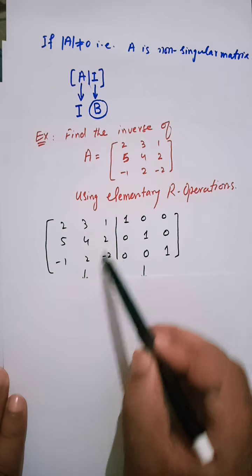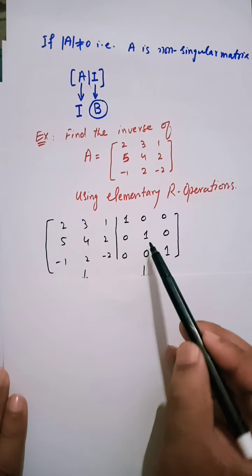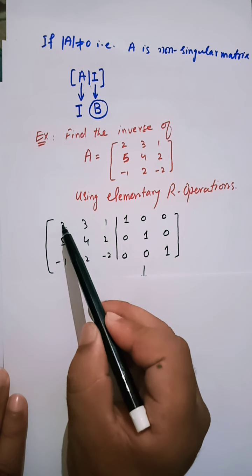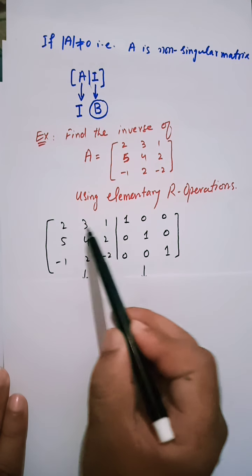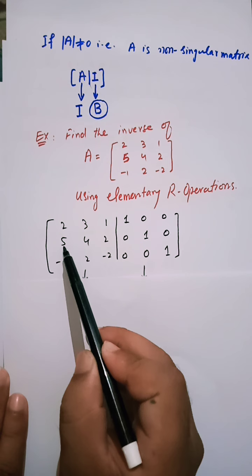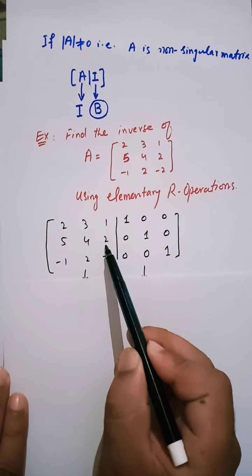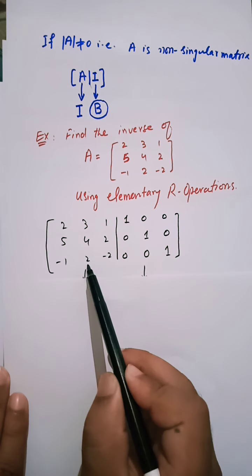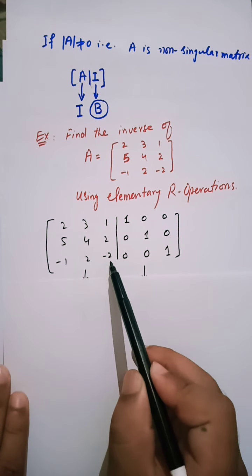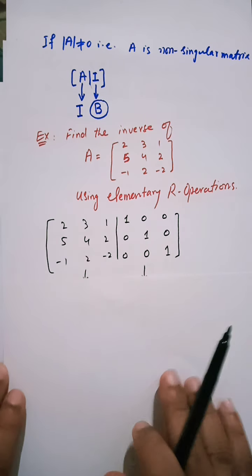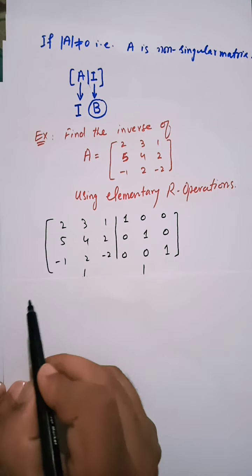We need to convert these elements into 1 0 0, 0 1 0, 0 0 1. So at this position we need 1, in these two positions we need 0, in this position we need 0, in this position we need 1, in this position we need 0, in this position and this position we need 0, and at this position we need 1. So we need to convert this into this identity matrix.